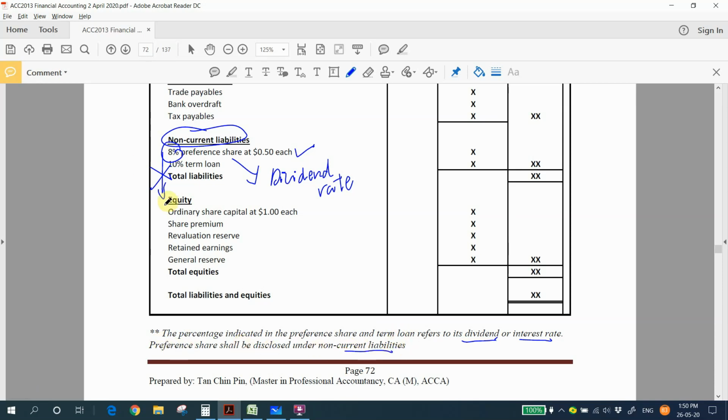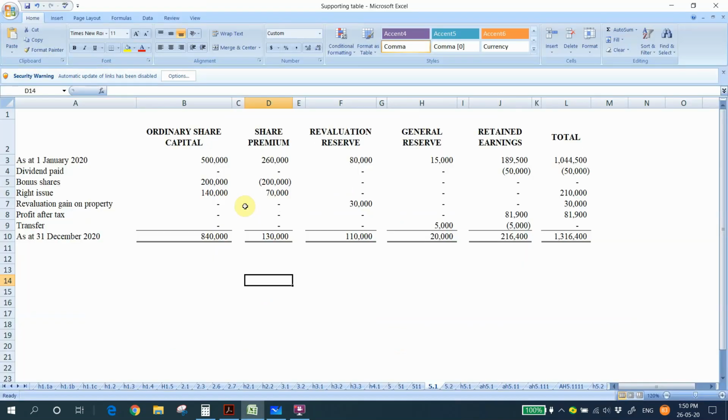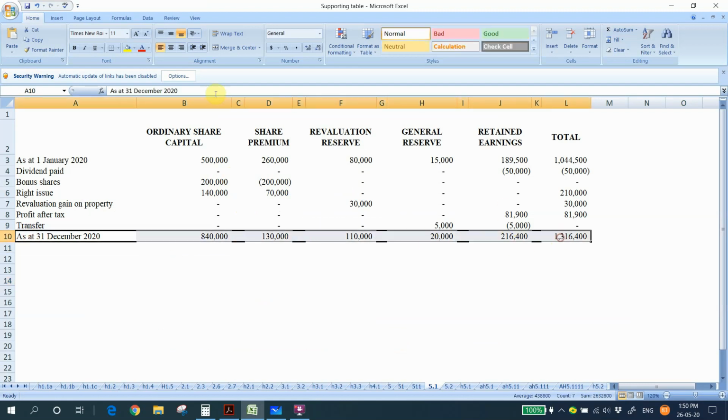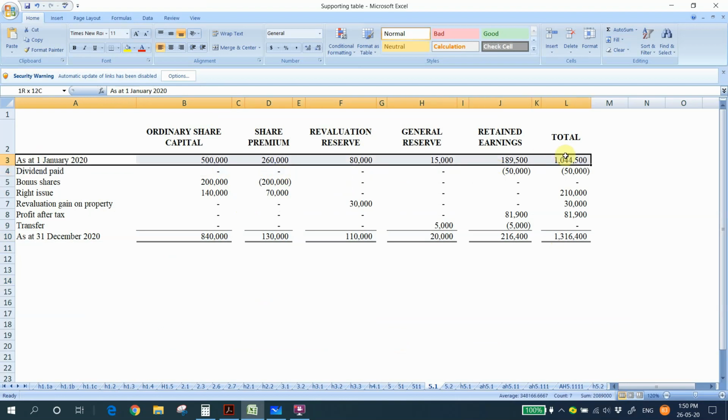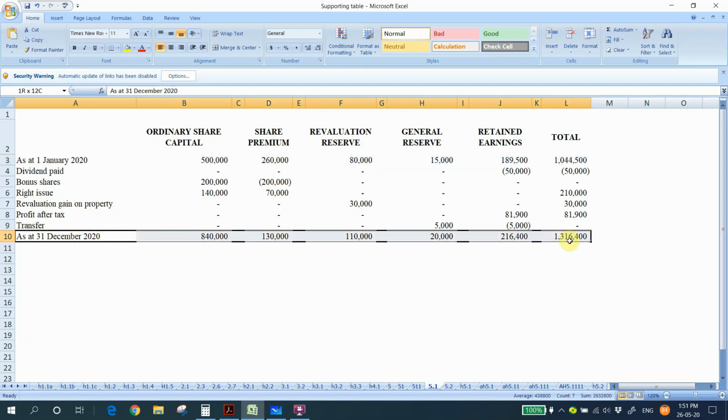And for the equity section, you cannot follow the trial balance. You have to follow the latest balance in your statement of changes in equity. If you use this figure in your statement of financial position, then your answer will be wrong, because this amount is without adjustment. You should use the after-adjustment amount.